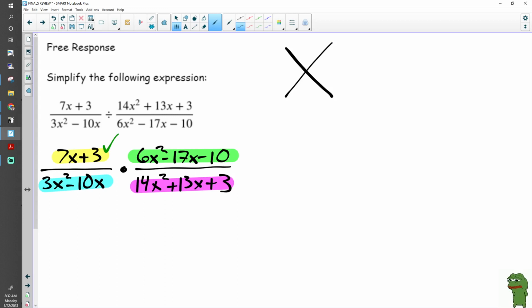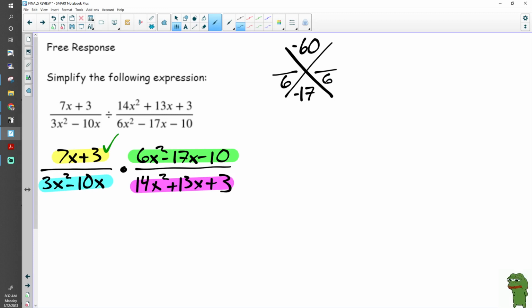So a times c is negative 60. My b is negative 17. My a value was 6, so I divide both sides by 6. There's my x method all set up.